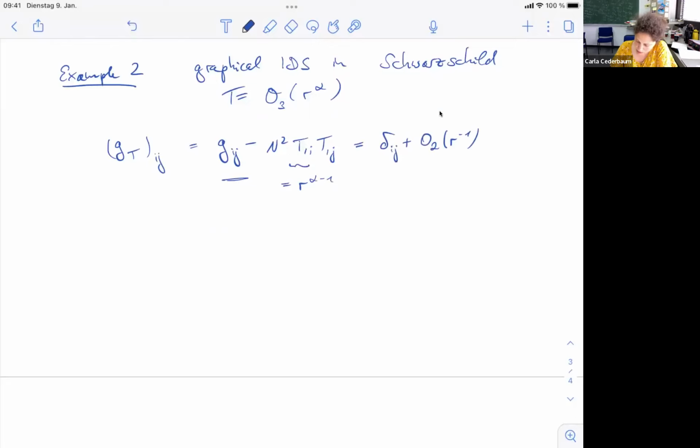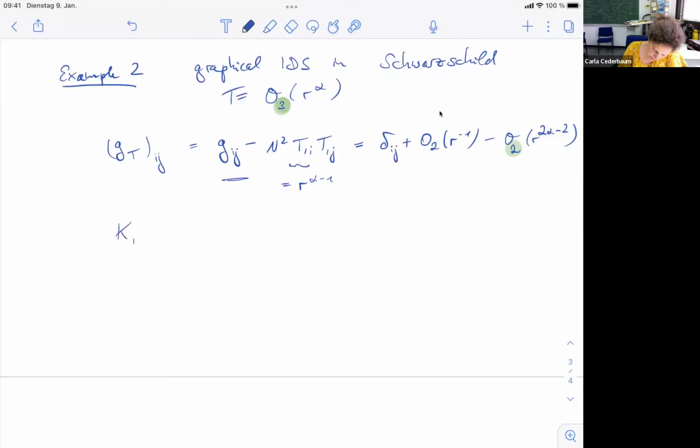That's the Schwarzschild part, minus O2 r to the 2 alpha minus at least 2. Okay. And I'll comment on this in a second, but let's keep it like this. And let's maybe only point out that I started here with a 3 in order to get a 2 here, which I needed for the definition of asymptotic Euclideanness.